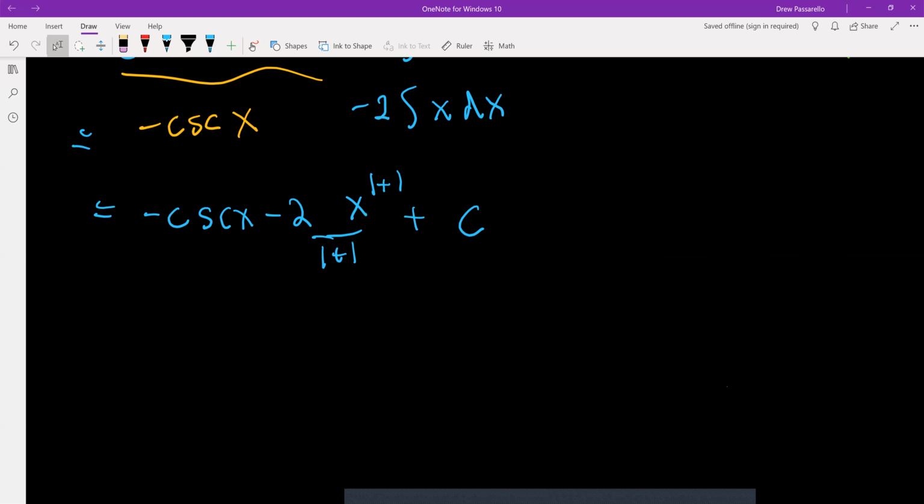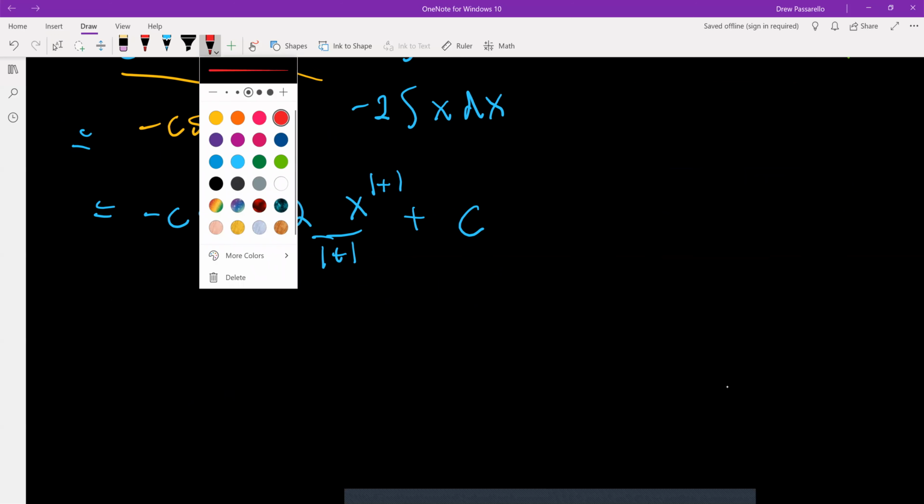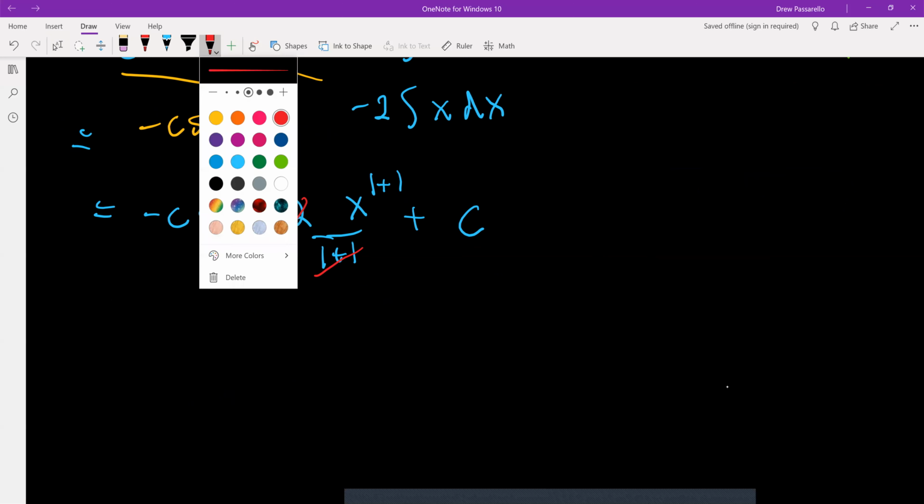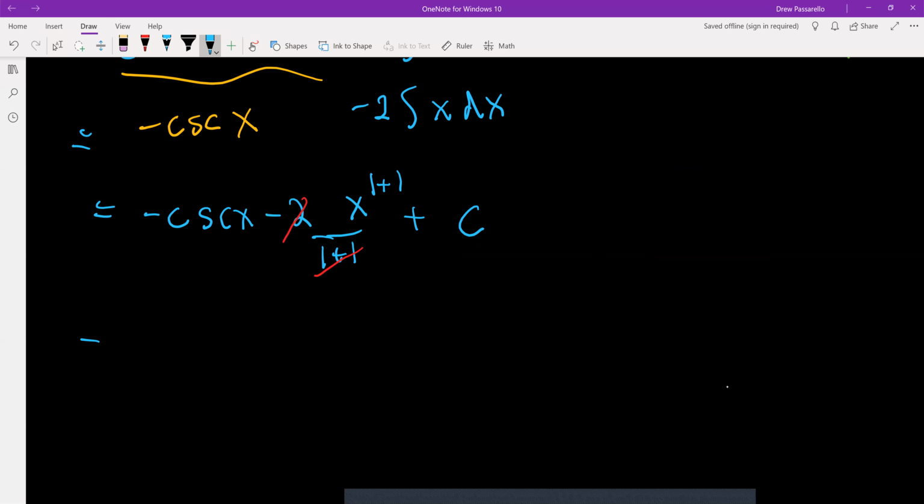So we have 2 over 2, because 1 plus 1 is 2, so I can divide those out. And that just leaves me with minus x squared. All right, so that's going to be my answer.